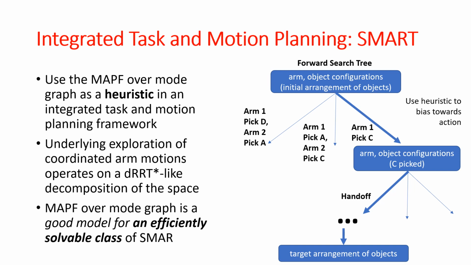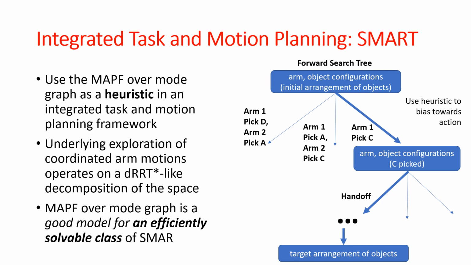For every action, we need to compute the groundings for each action. So a pick action needs to compute grasping configurations, placement actions need to compute IK solutions for the placement, and handoffs correspondingly need to solve the IKs for both the arms and compute poses where the objects can be handed off.